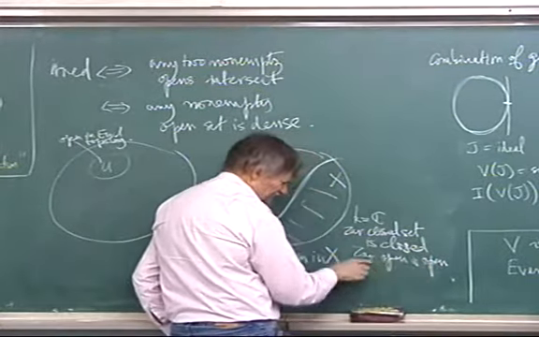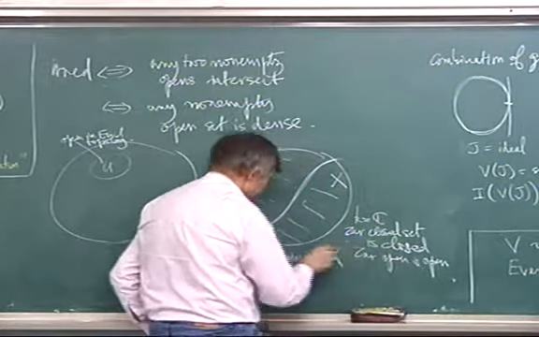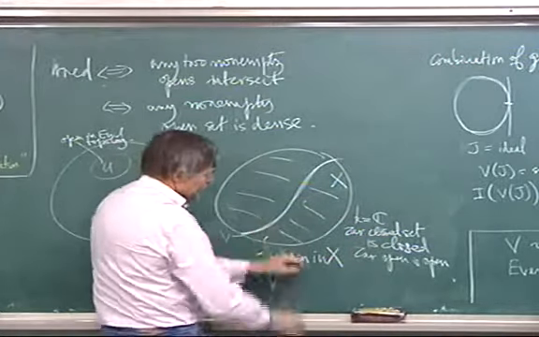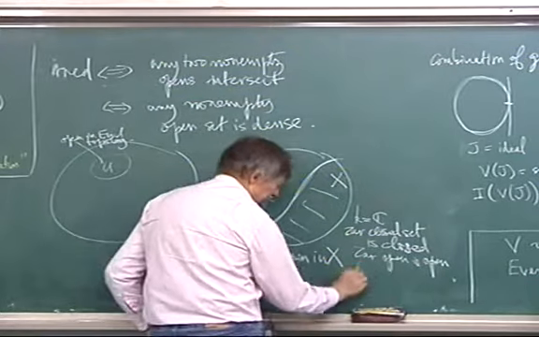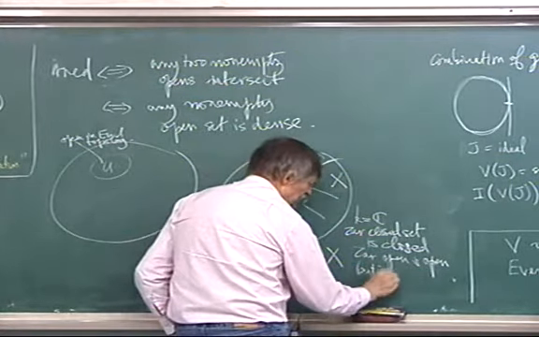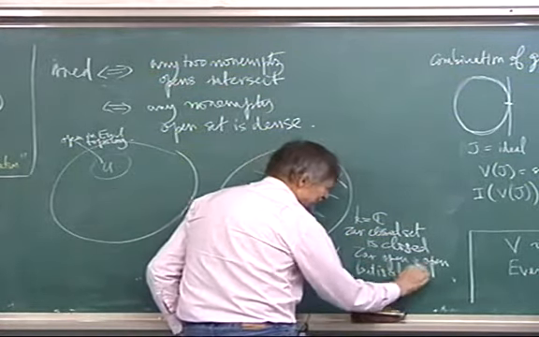Something which is open for the Zariski topology, like this one, is also open for the complex topology, but is also dense.